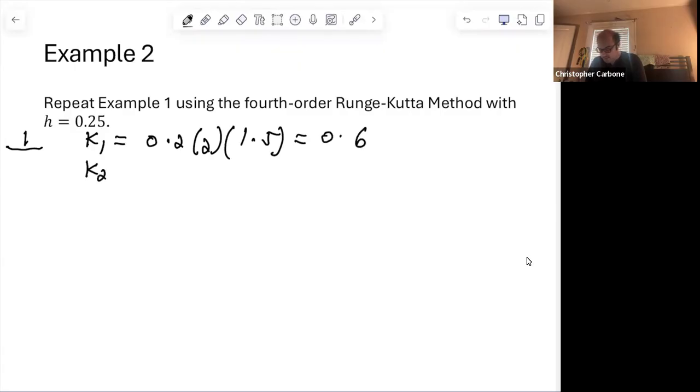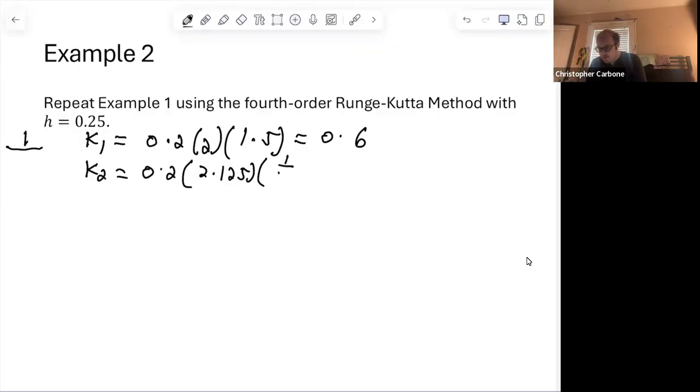K sub 2 now will be 0.2 times 2.125 times, so this will be that 1.5 plus h, which is 0.25, divided by 2 times 0.6.